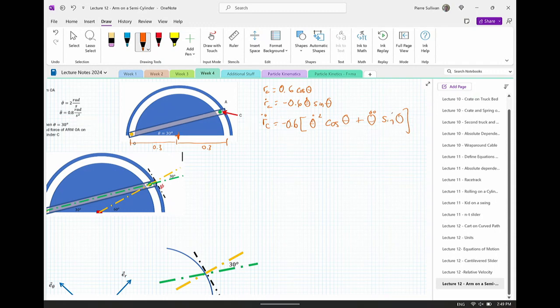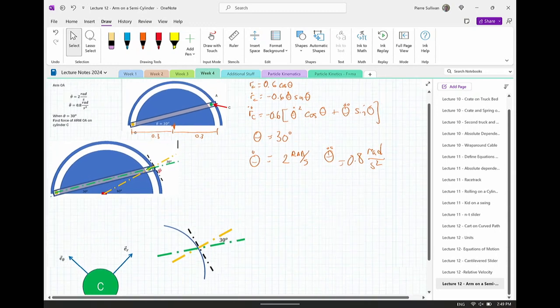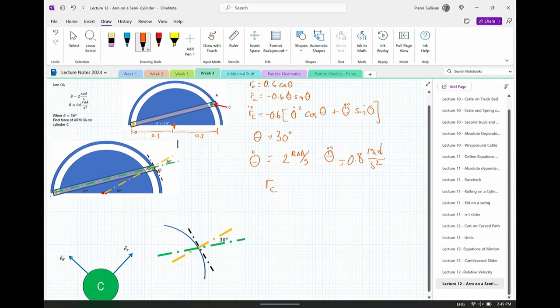If you put all the terms in and extract everything out, you have that relationship for theta dot and theta dot squared. You're given theta, which is 30 degrees, theta dot equal to 2 rad per second, and theta double dot equal to 0.8 rad per second squared. So RC is equal to 0.52 meters.